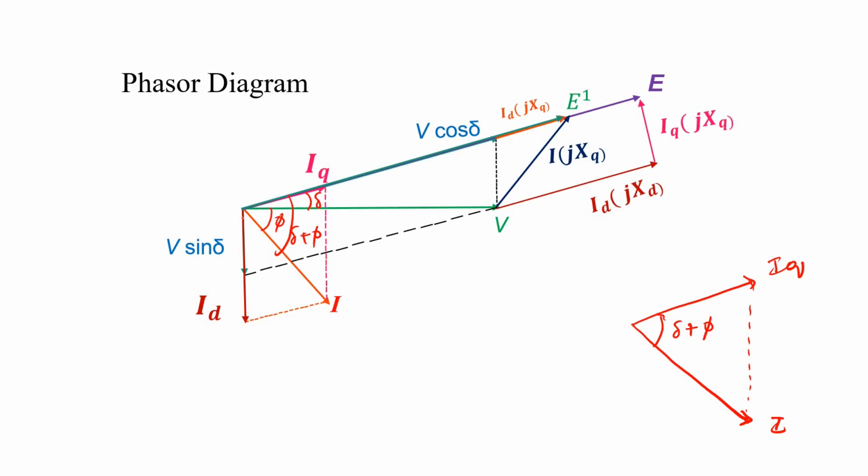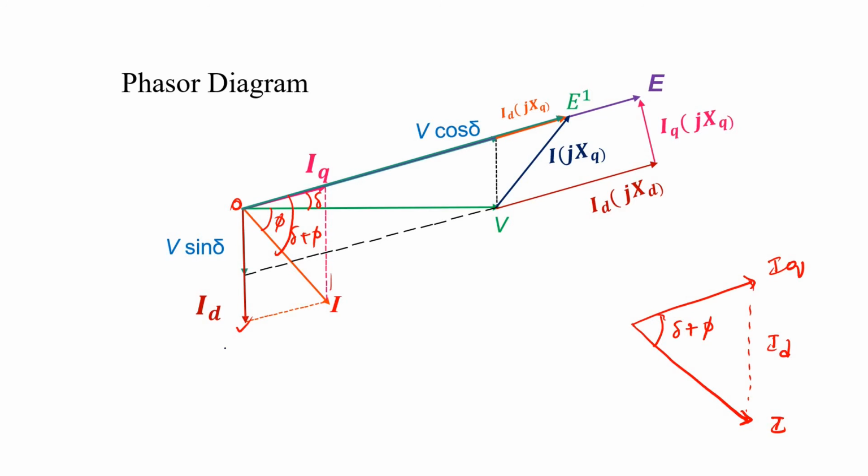Now if this full quantity is ID, from this point O to here will be the ID quantity, that means this line is parallel to this line. So that will be equal to ID.